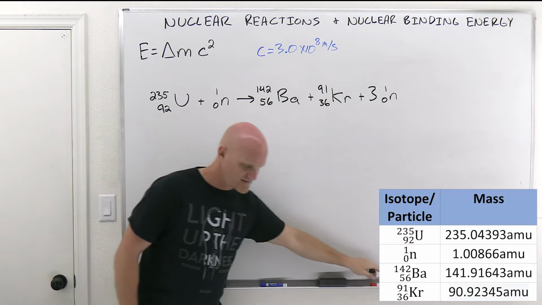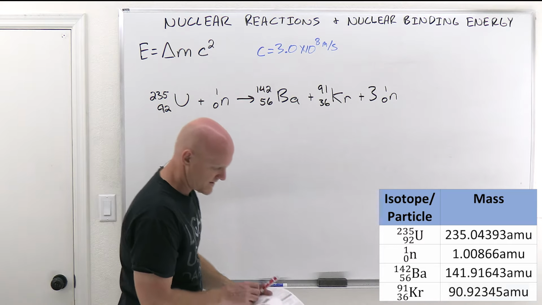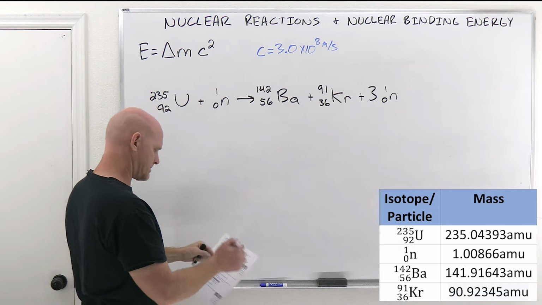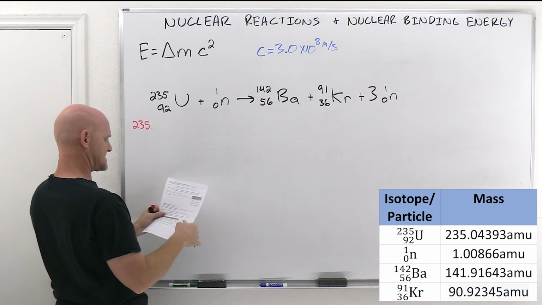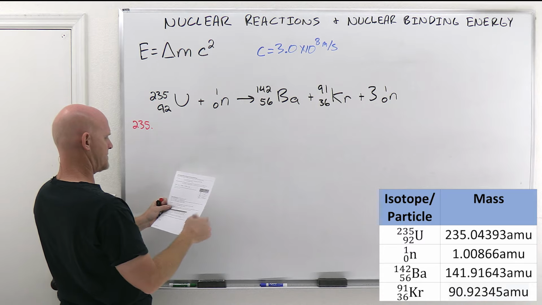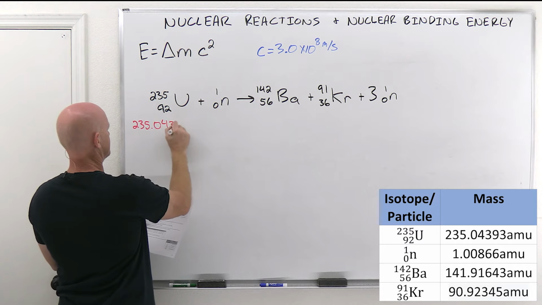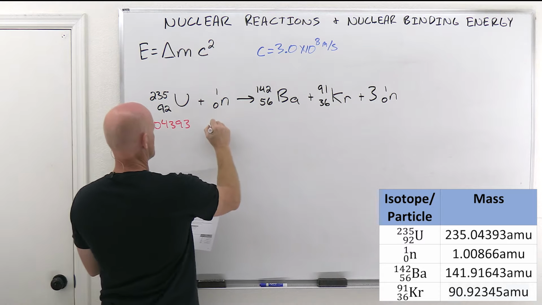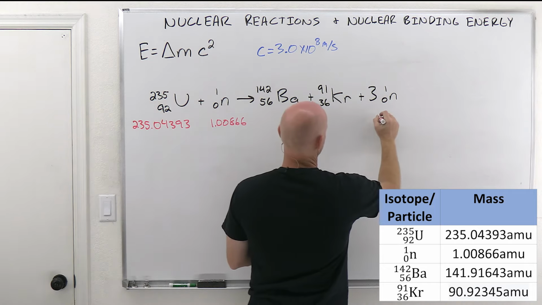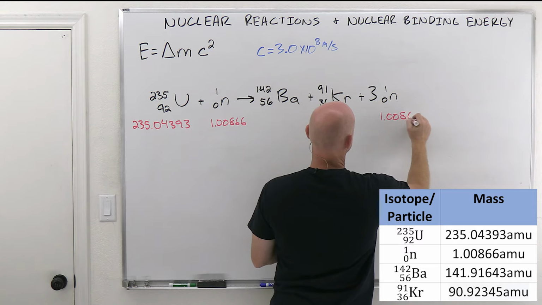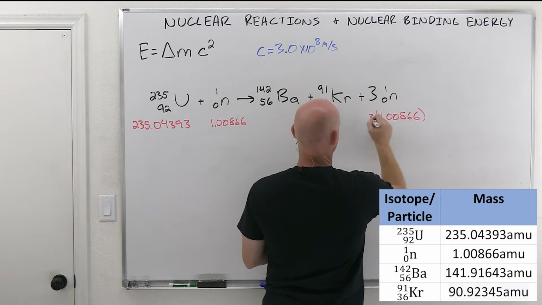So if we take a look at that table, let's put these up on the board. Uranium is listed at 235.04393. Neutron is 1.00866 AMUs, and we have that over here as well, times 3.